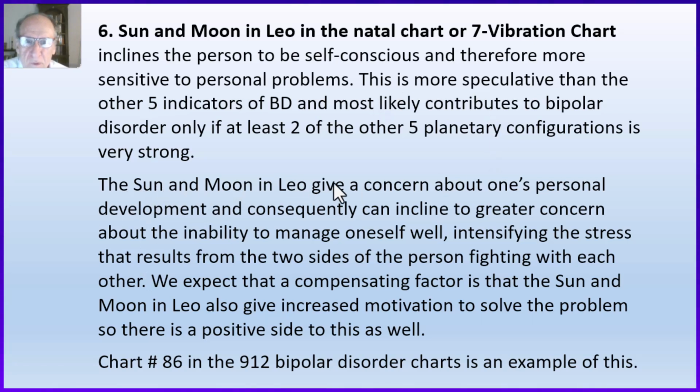The Sun and Moon in Leo give a concern about one's personal development. This is what Leo actually does. We've done research on the 12 zodiac signs, and what the signs do, according to our research, is a little bit different from the way astrologers describe it. It's not that Leo is proud and all this stuff. That's one possible symptom. But the energetic process is that Leo has to do with a strong concern about yourself.